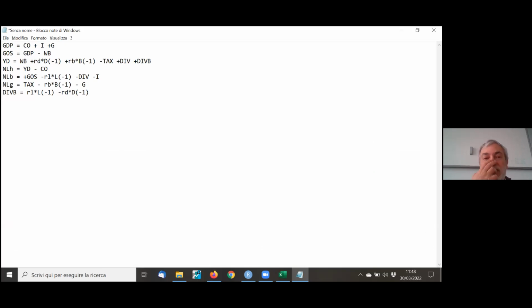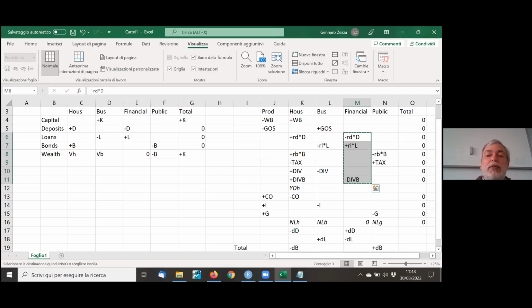And then we have the flow funds. So the flow funds tell us that the change in bonds demanded by households plus the change in deposits must equal the net lending.